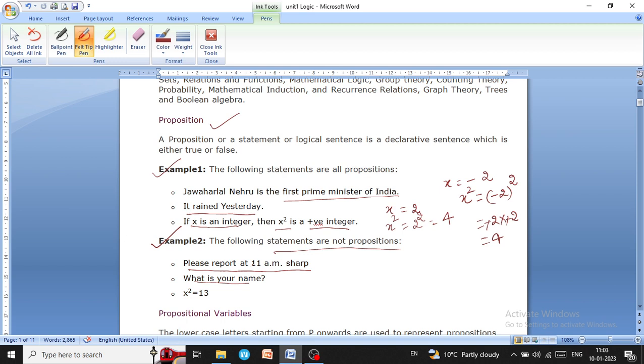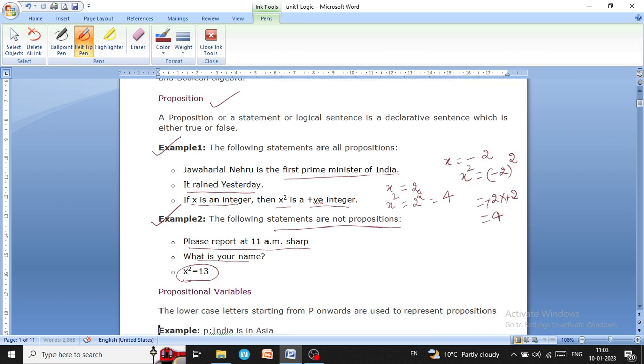But those statements which have two possible answers, either true or false, are known as propositions. For example, next: x square is equal to 13. This declares that x square is equal to 13. We cannot say whether it's true or false, so these statements are not propositions.